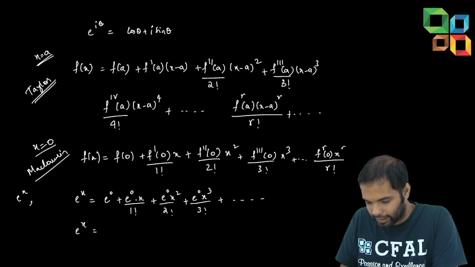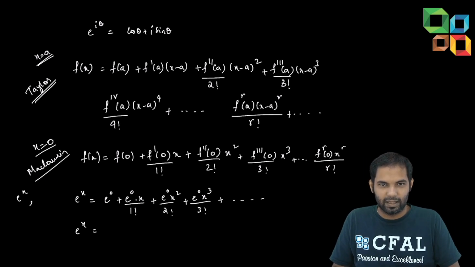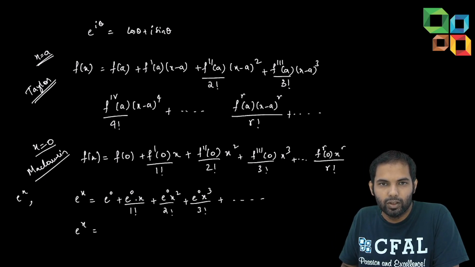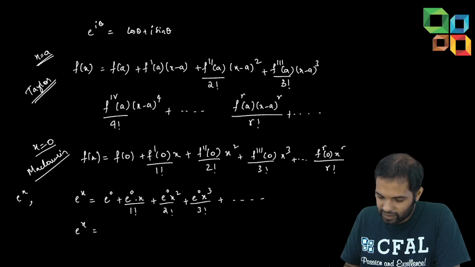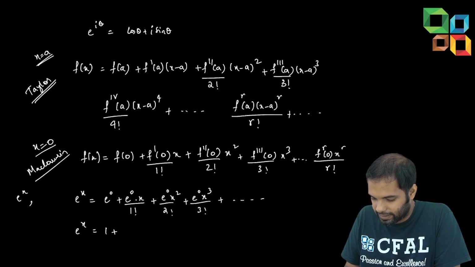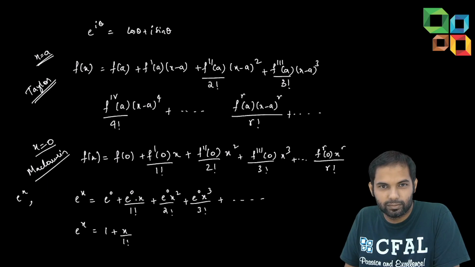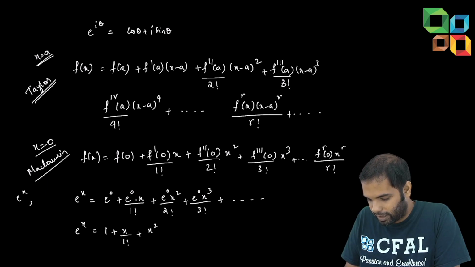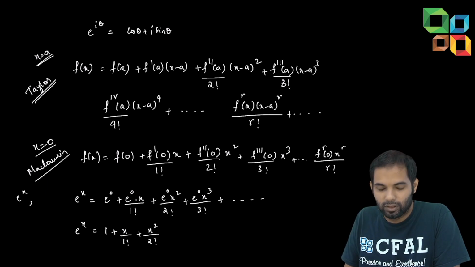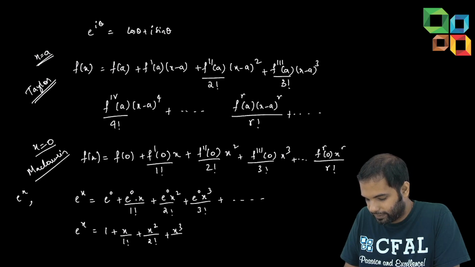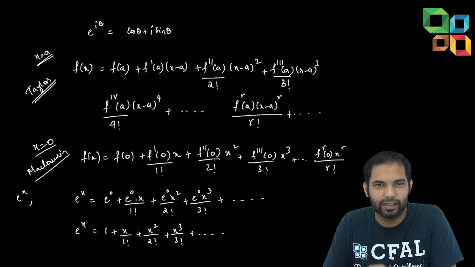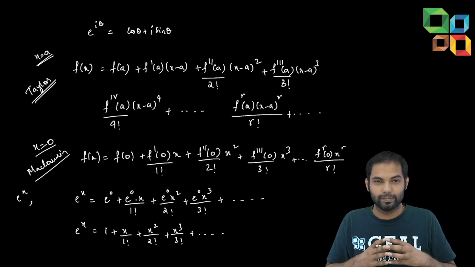We have never looked at exponentials that way, right? So e power x, an exponential function, can be written as 1 plus x by 1 factorial plus x square by 2 factorial plus x cube by 3 factorial, and so on. So you can see how the series is going. e power x is nothing but this series.